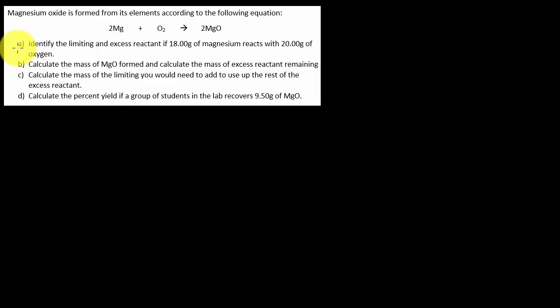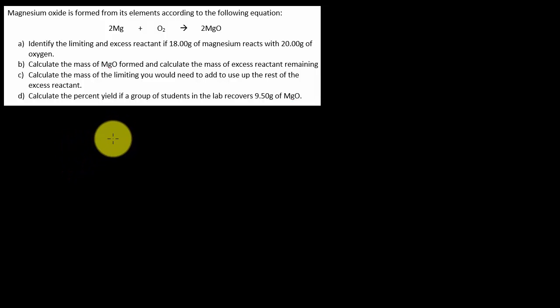The first thing it tells us to do in A is to identify the limiting and excess reactant if 18 grams of magnesium reacts with 20 grams of oxygen. So here's how we solve this. If you were to go online and look, there are several different ways in which this can be solved.